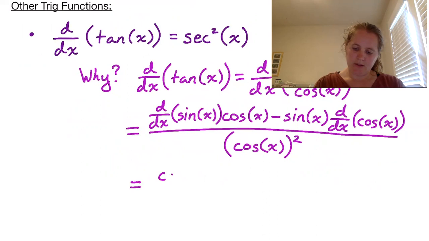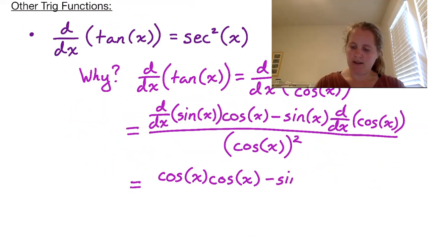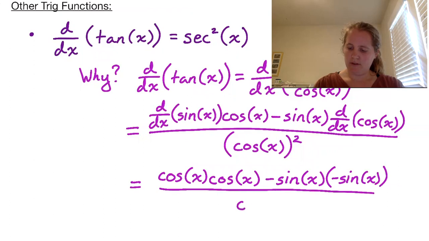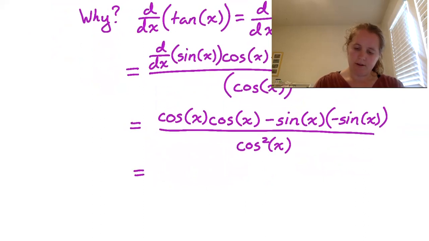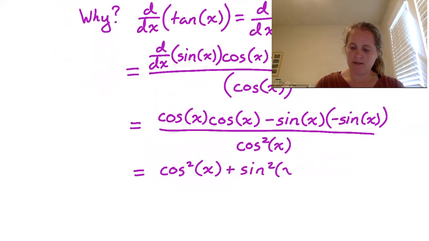And this becomes cosine of x times cosine of x minus sine of x times the derivative of cosine, which is negative sine of x, all over cosine squared of x, or cosine squared of x plus sine squared of x, all over cosine squared.